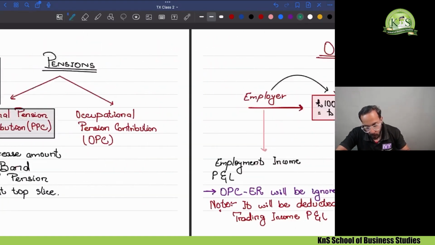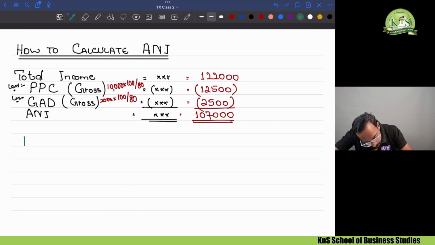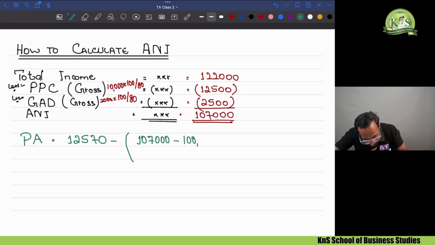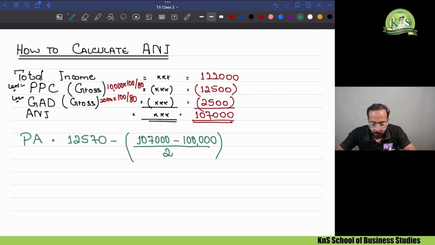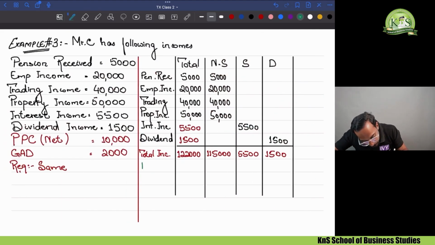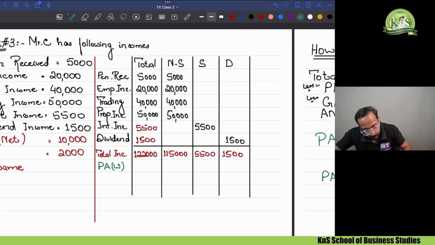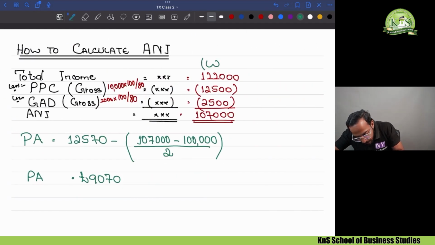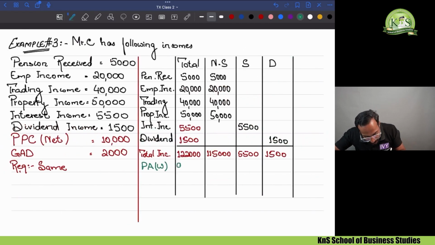You need to use this formula over here. 12,570 minus bracket open ANI, that is 1,07,000 less 1 lakh divided by 2. 12,570 minus 3,500. So your new personal allowance is 9070.